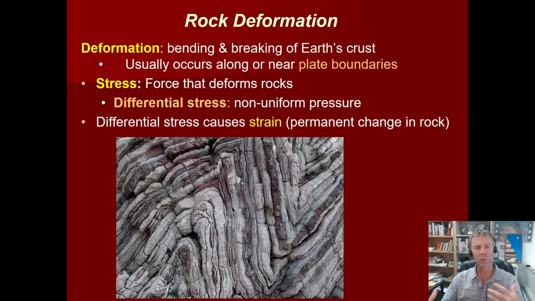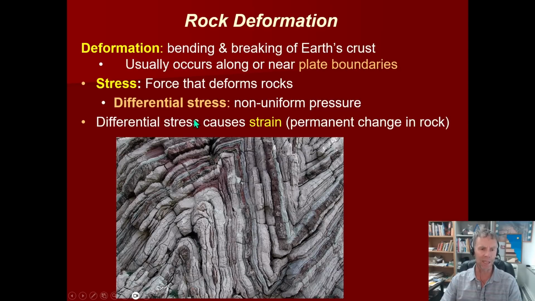And then when we have stress that's not equal in all directions, we actually used this term a little bit when we talked about metamorphic rocks and foliation, we call that differential stress, stress that's not the same in all directions. We have a preferential direction of stress that exceeds the stress in other directions. And when we have that, you often get permanent changes in the rock that we call strain.